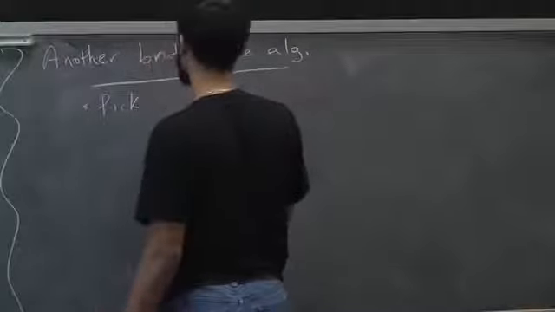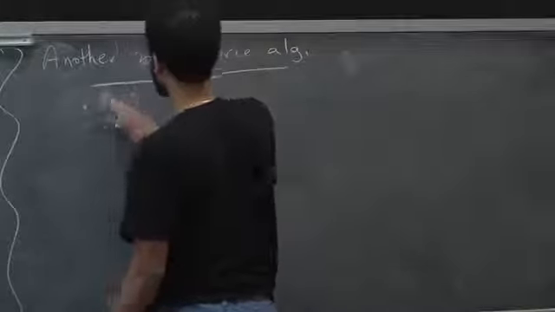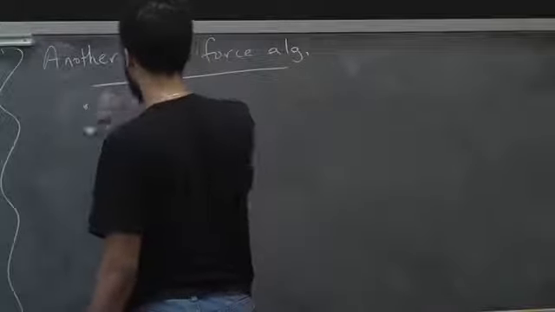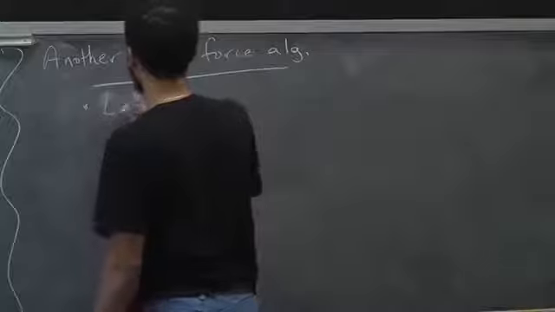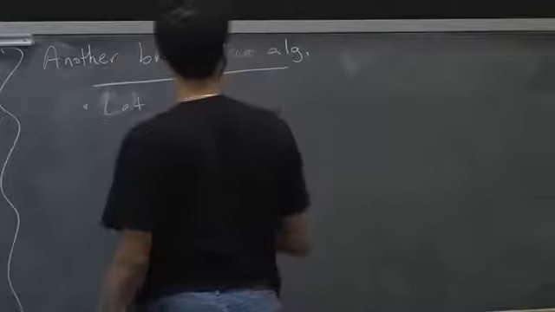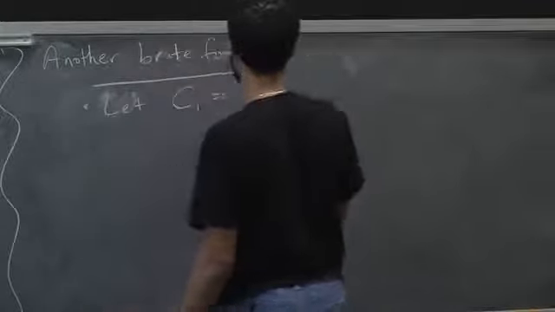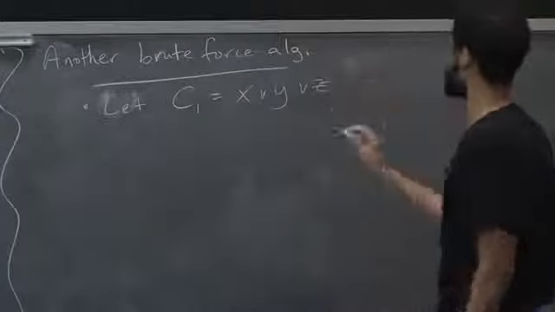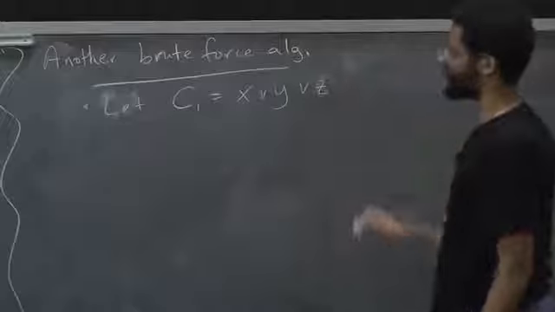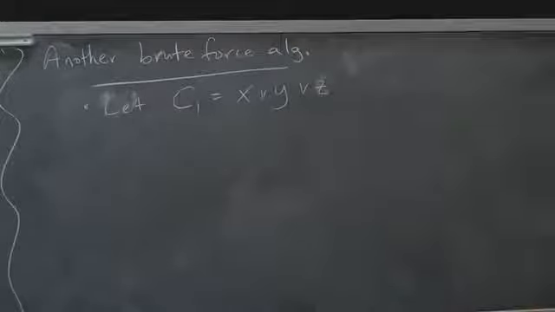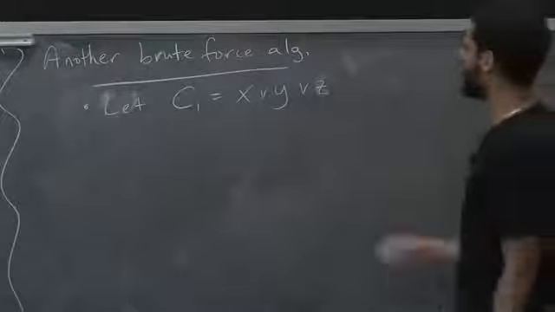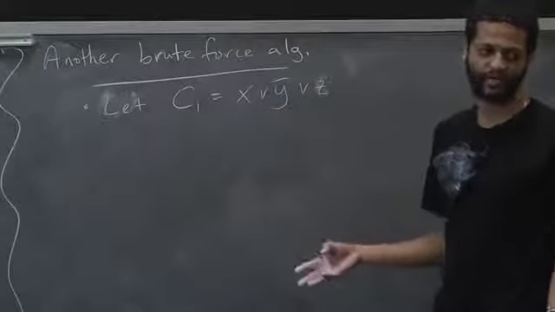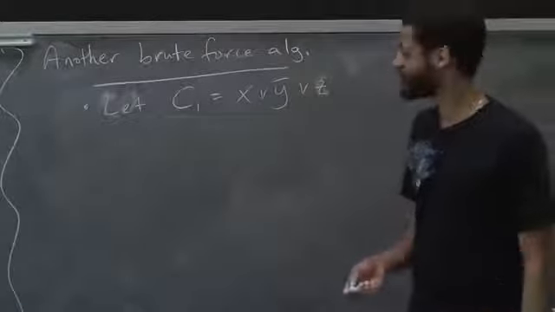Pick, I'll just put it like this, let C1 be some x or y or z. That's the first clause. And one of them might be negated. We know that one of these things has to make the clause satisfied. So we'll just try all three.